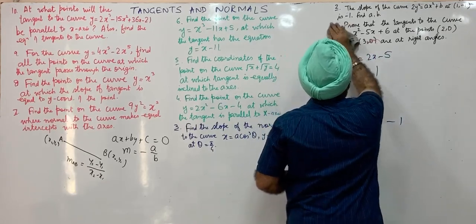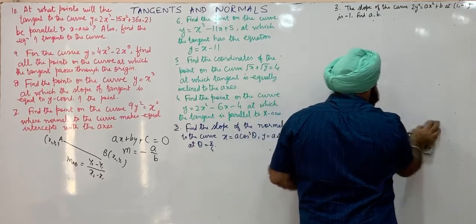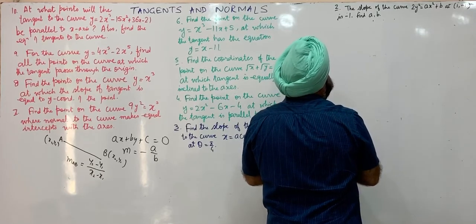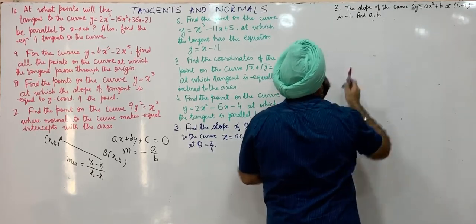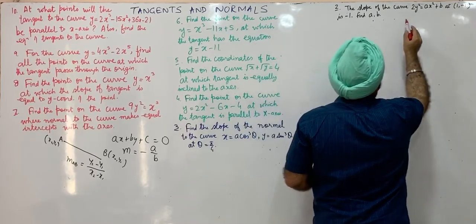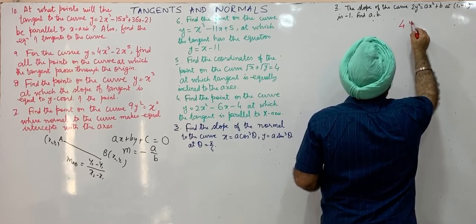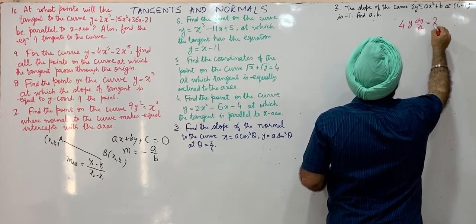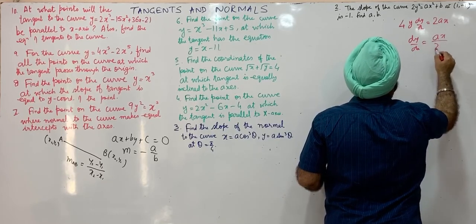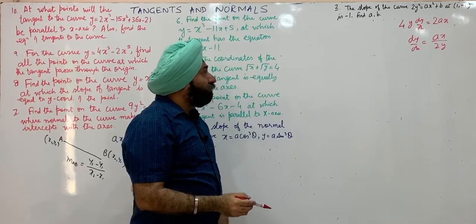The second one: we are given the equation of the curve 2y² = ax² + b. The slope of the curve at the point (1, -1) is given as -1. So first of all, we differentiate this. The derivative gives us 4y dy/dx = 2ax, so dy/dx = ax/2y. This is the expression for the slope of the tangent.